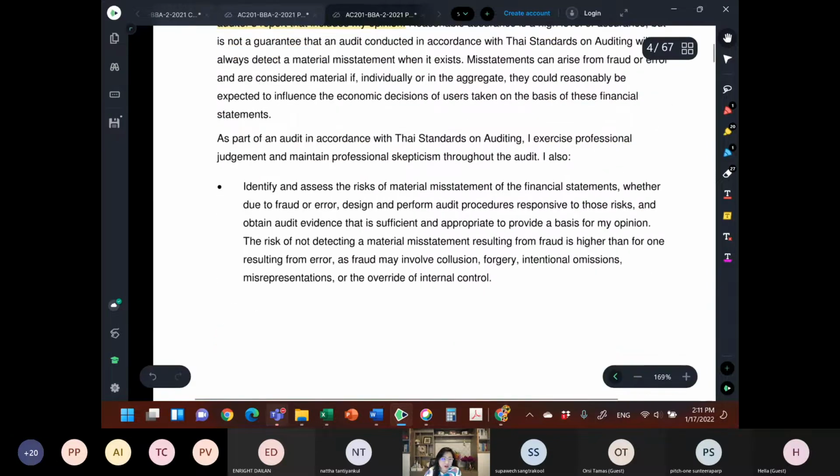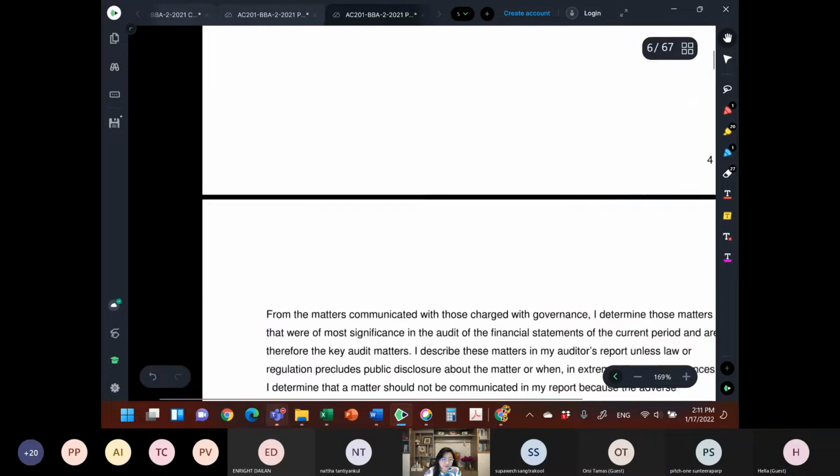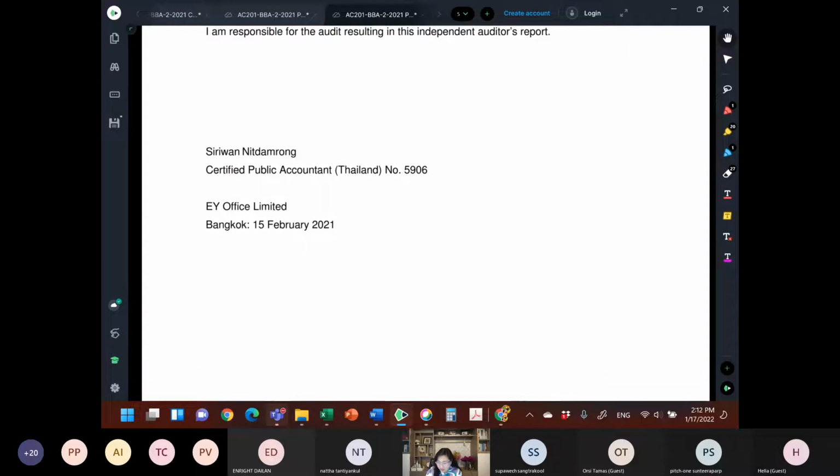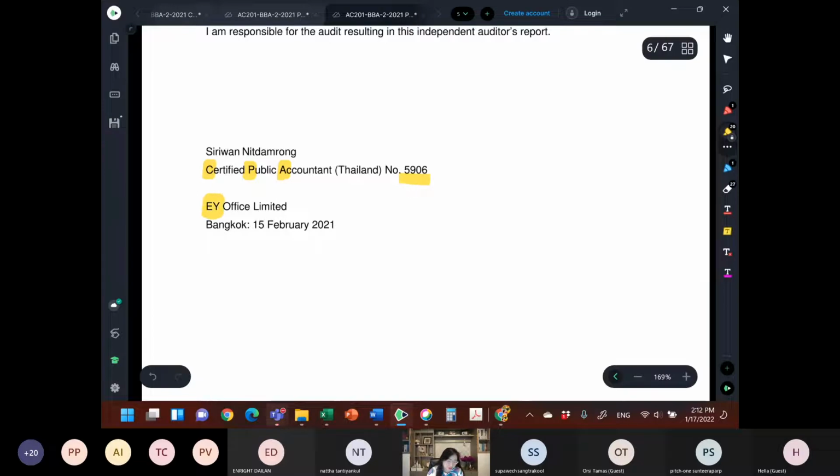Okay. Then continue on. You can see that for this particular case, the auditor is Kun Siriwan Nitdamrong, and her CPA license of Thailand is 5906, CPA 5906, and she is from EY office.